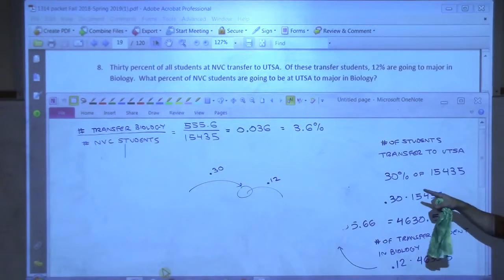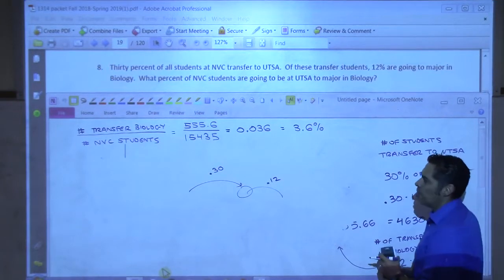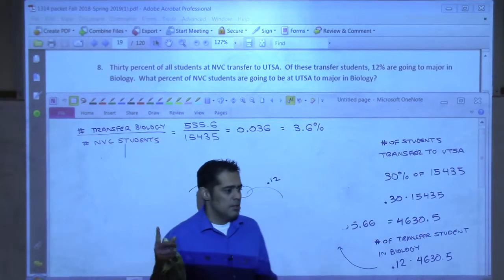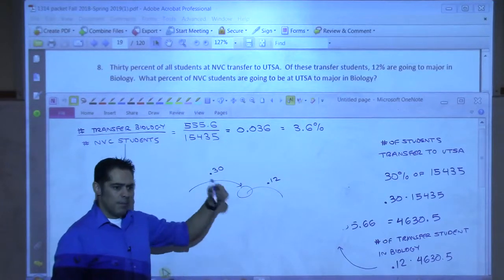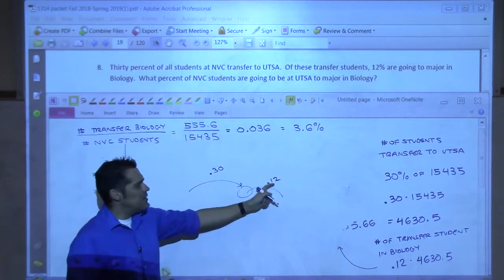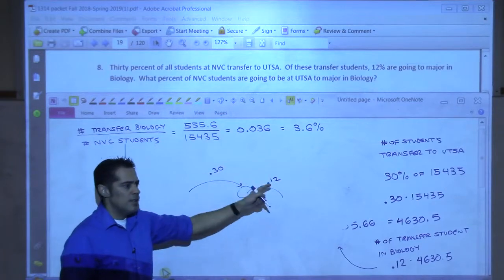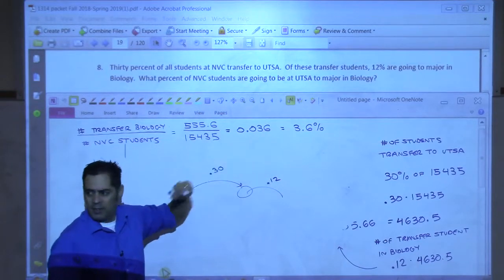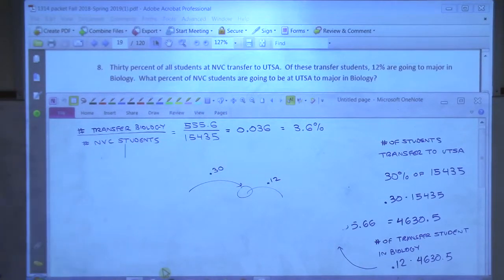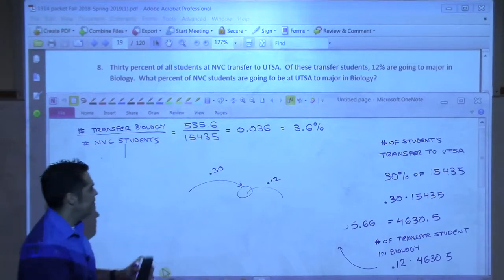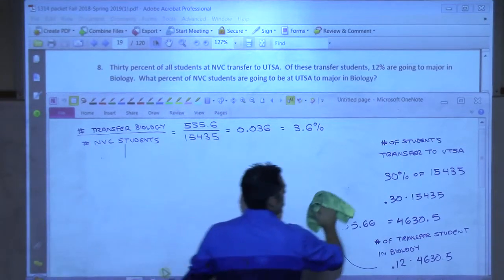If you multiply 0.3 times 0.12, you get 0.036, same answer. So what I'm getting at is, if all you know is the percentages, if you multiply the two percentages, then you get the same answer, and it's not a coincidence. That would happen every time. All right? That's just FYI.